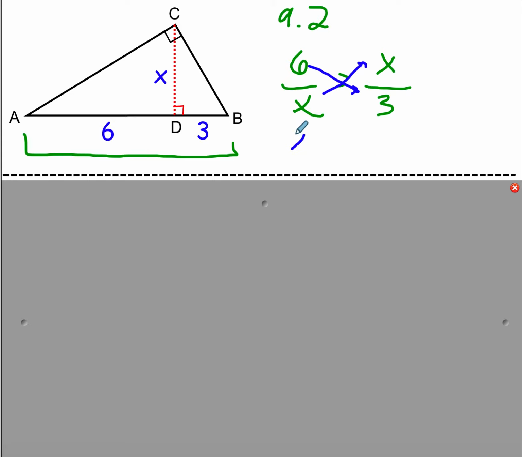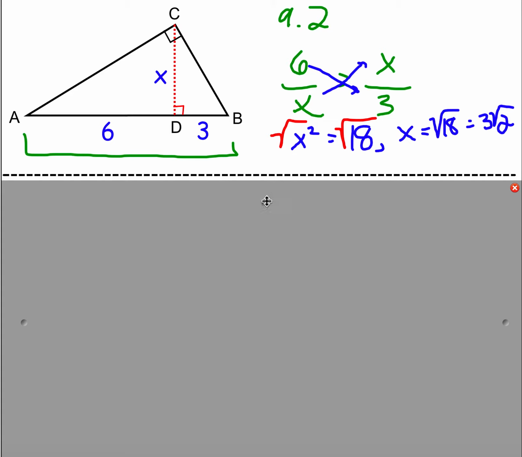So we'd have x squared equals 18. So when I take the square root of both sides, in order to get x by itself, x equals root 18, which simplifies to 3 root 2.